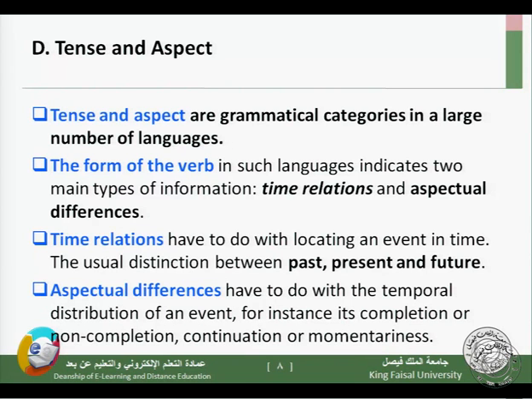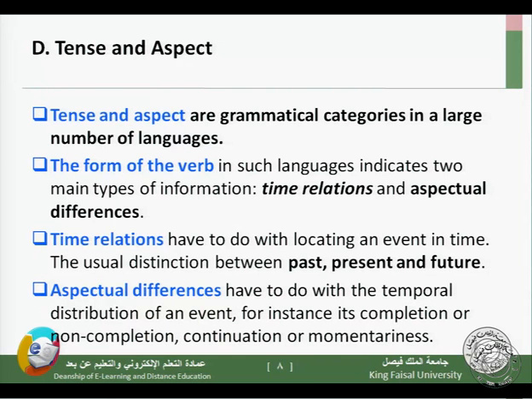Now, the aspectual dimension of the verb, you need to say, okay, is it present continuous? Is it present perfect continuous? Is it past continuous? Is it past perfect continuous? So you need to look at the aspect from this angle, the temporal distribution of the event.